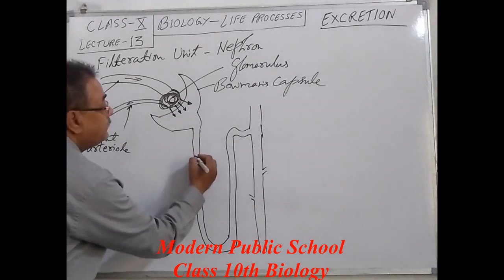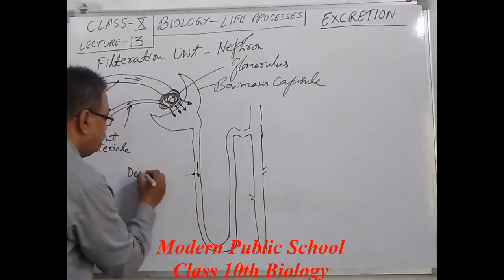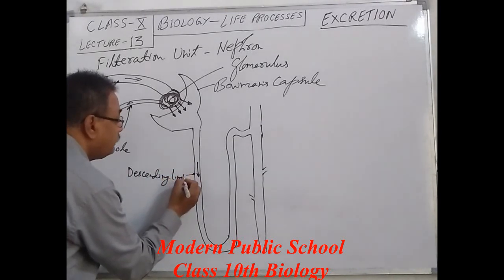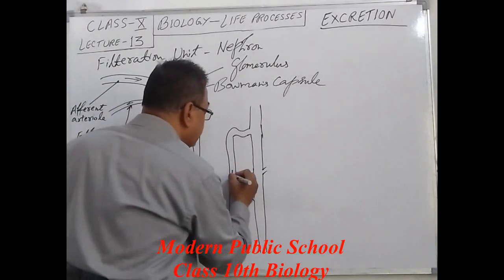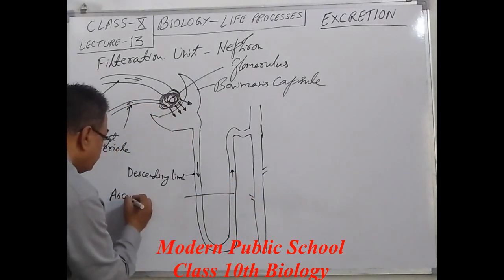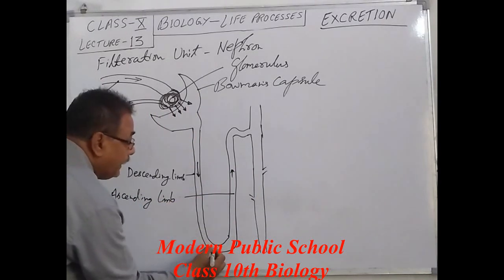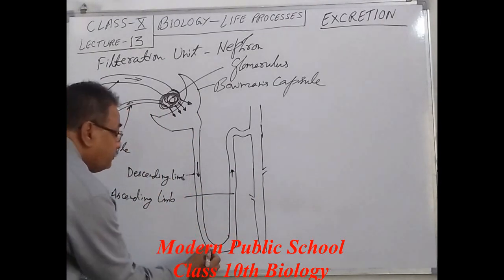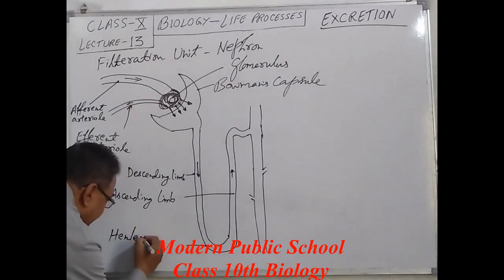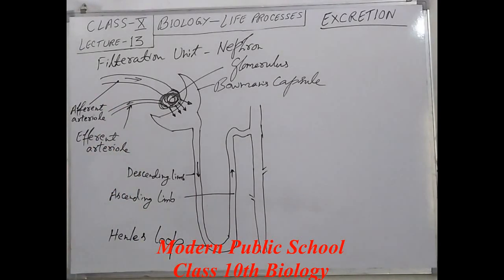This is the descending limb. This is the ascending limb. And here a loop is formed. It is termed Henle's loop, or you may call it the loop of Henle.